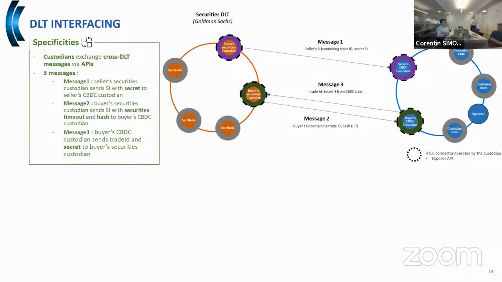There are three messages that we call message 1, message 2, and message 3 to emphasize their order of execution. And these messages are sent automatically between the two DLTs, so there is no operator between them. Now let's see the content and the role of each of these messages.